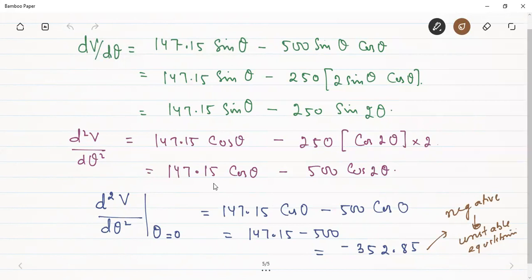Now we can check for the second order derivative when theta is equal to 72.9 degrees.